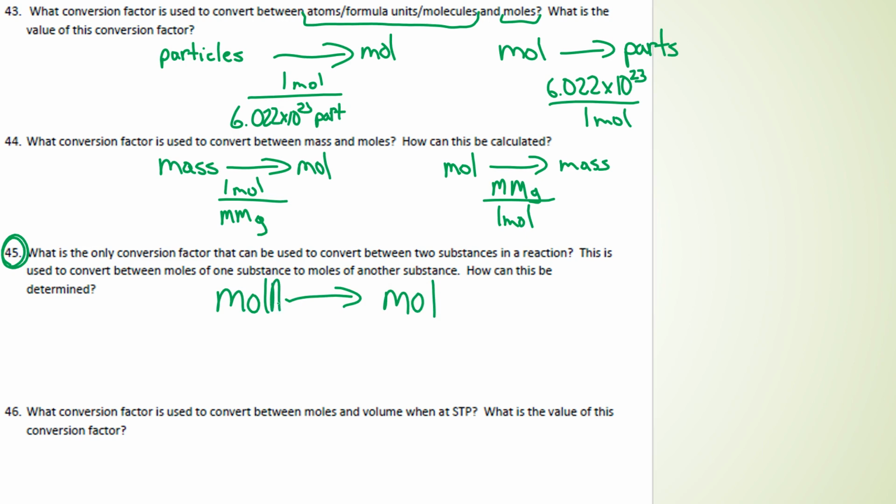So I can go from mole A to mole B. The mole ratio is always mole B over mole A, our unknown over our original substance given. There are no two steps with that. We're not ever going to do it the other way.